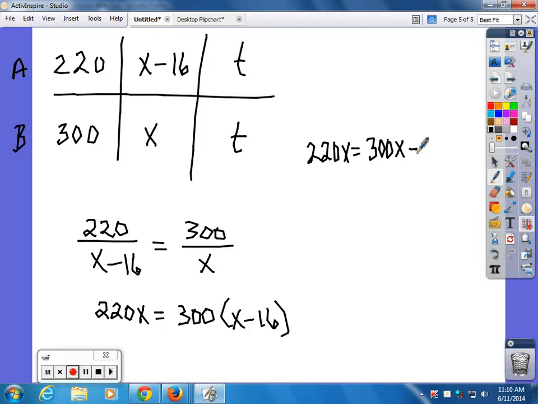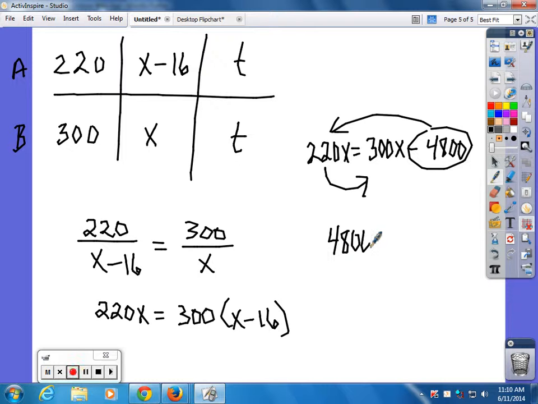Somebody help me out. All right, I'm going to bring this over because I want to keep my variable positive. So that's 4,800 is equal to 300 minus 220, which is what, 80x? Yeah. Divide by 80, divide by 80, take out a 0. 8 will go into 48 six times, so 60. Y'all check me.